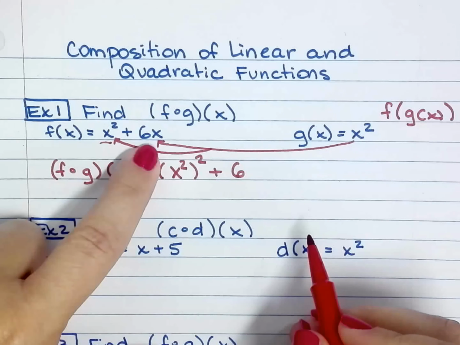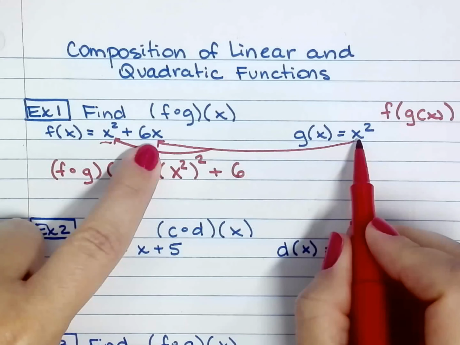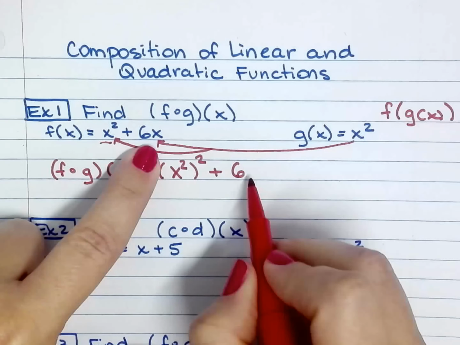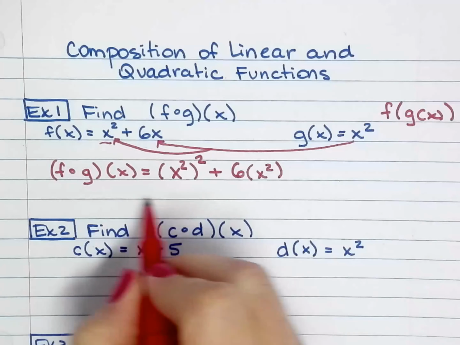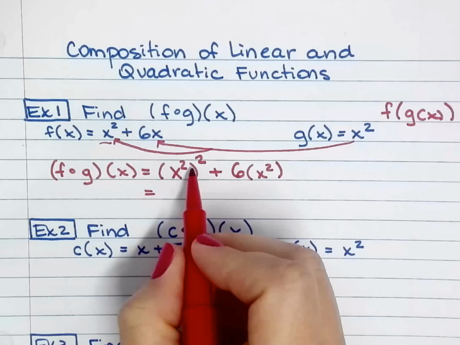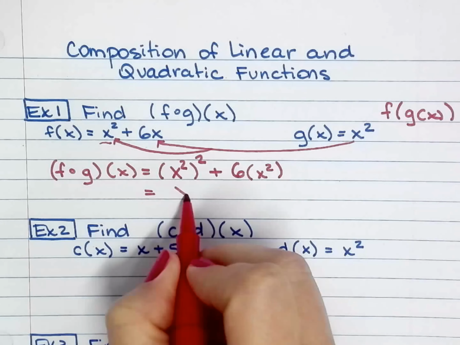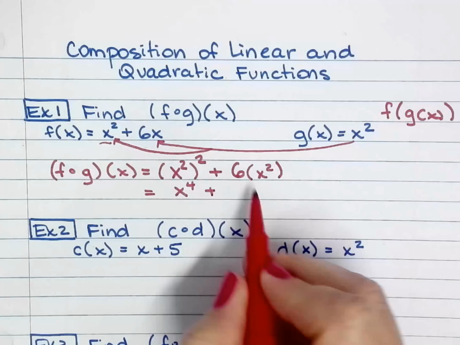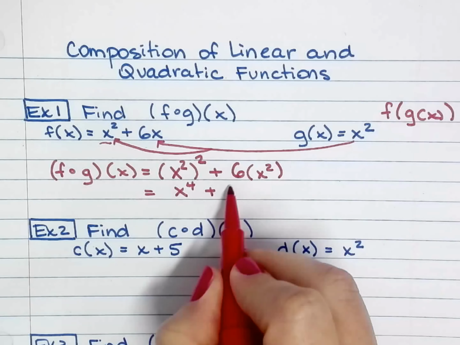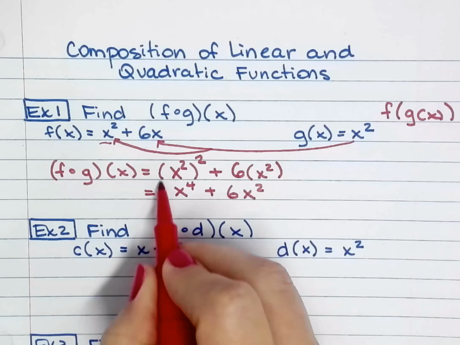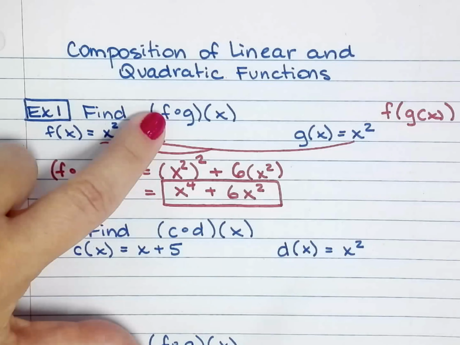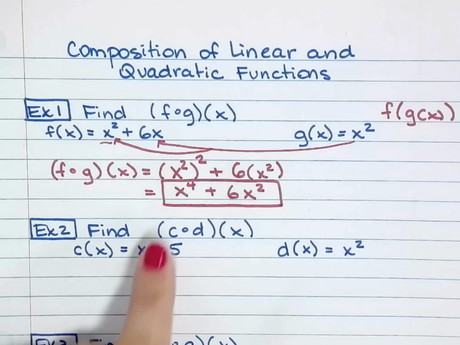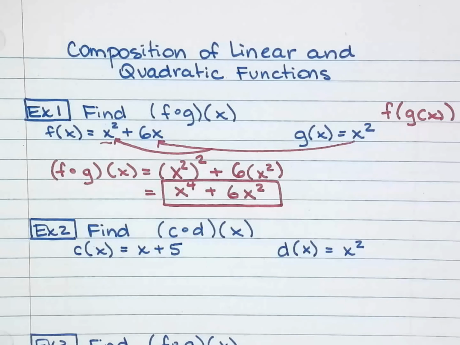Now I have x that I will substitute with g of x, which is x squared. Now you just clean that up. So x squared squared is x to the fourth power, and then 6 times x squared is 6x squared. There's nothing else you can do to simplify that. Therefore, f is composed with g of x. This is your final answer for that.